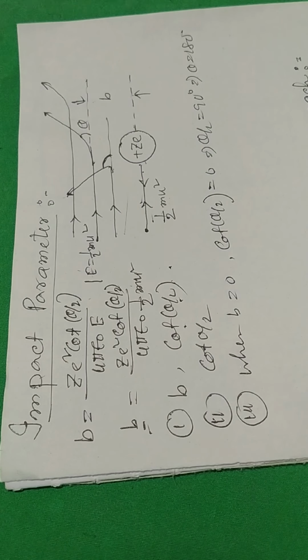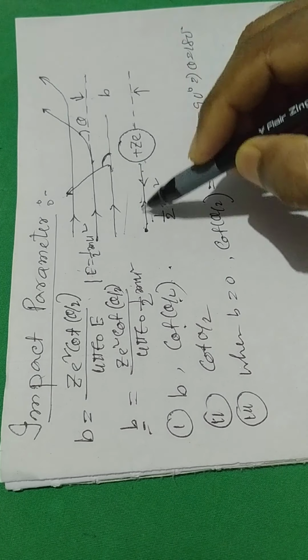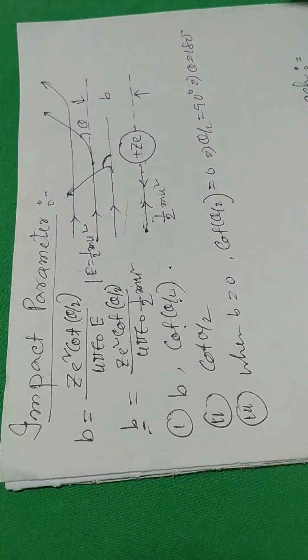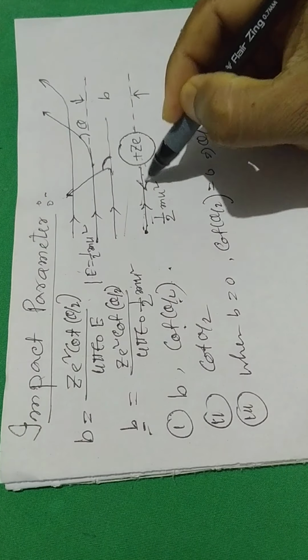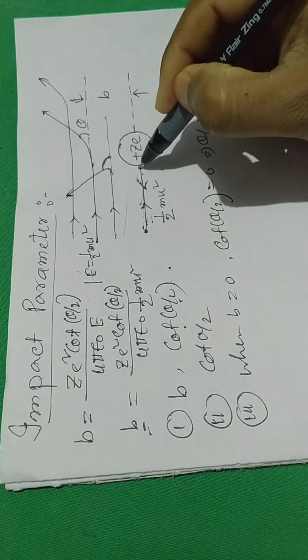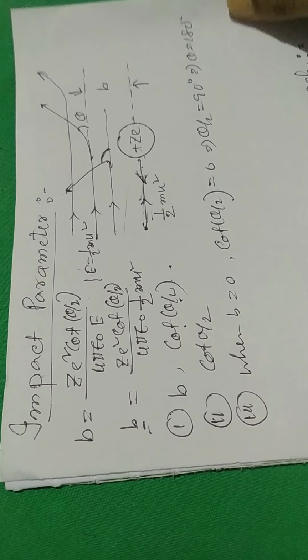It means the alpha particle travels along the central line, directly towards the nucleus, and retraces its path. Going and coming back, it follows the same path.